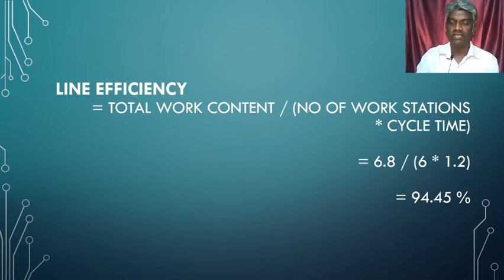By a small calculation we find that the line efficiency is 94.45%, which is very good. Efficiency of more than 90% is good, and the line is equally balanced and its efficiency is also very good. So this is a perfectly balanced line.